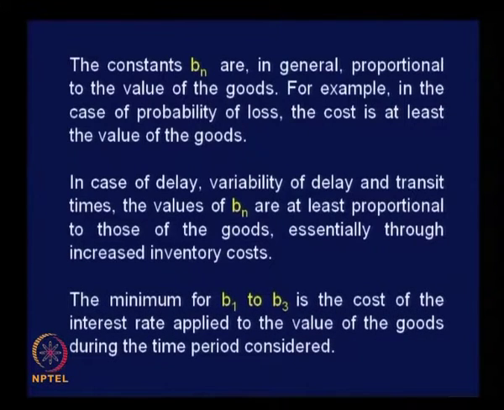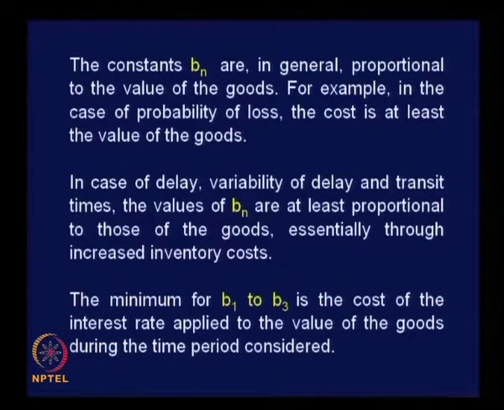What is the minimum for these coefficients? The minimum value for B1 to B3. B4 is very clear, it should be equal to the value of the commodity. B1 to B3 is the cost of the interest rate applied to the value of the goods during the time period considered. Okay, even though in urban transit it is not going to be very significant, still you can work out the cost of the time based on the interest rate.